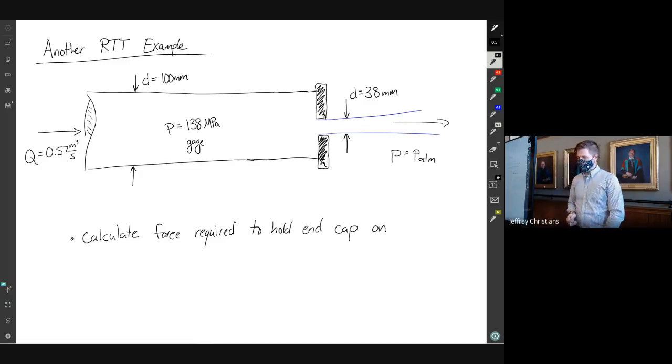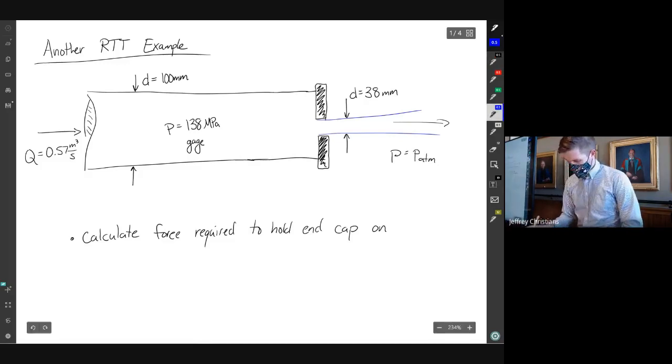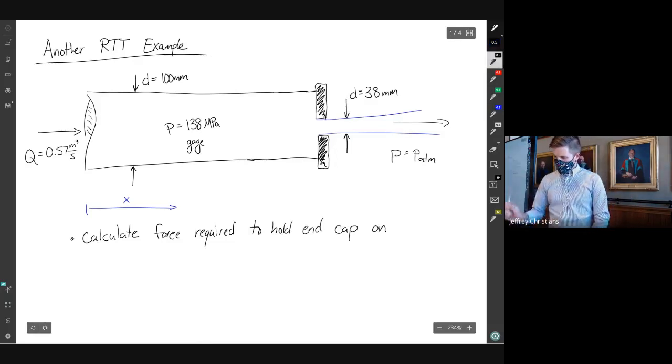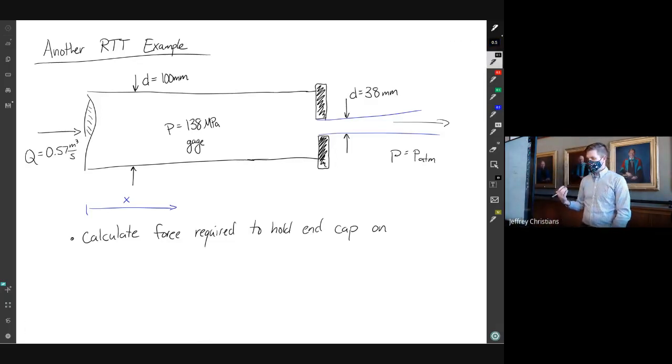So the first thing we need to do is put axes on our problem. So in this case, we'll define the x direction as down the pipe. Then the whole idea of Reynolds Transport Theorem is a way to use physical laws and apply them to systems like this, where you have stuff going in and stuff going out.